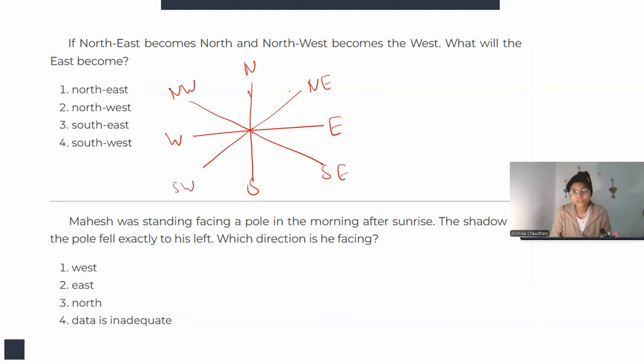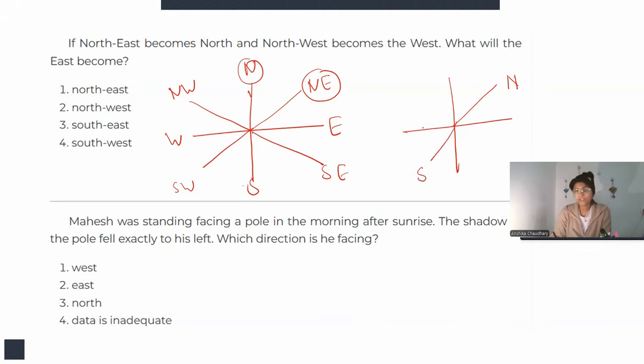If northeast becomes north, so if this northeast becomes north, right? So let's try out. If this will become north, so the opposite will be south, that means this will become south, right? Okay, all right. So then this will also change.